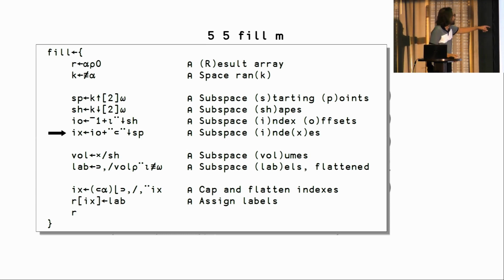And later on, all I really had to do with these indexes was flatten them, and I did some edge case stuff. And then for the right-hand side of that bottom assignment, I computed the volumes of the subspaces, which was just a simple product, and then that told me how many of each label I needed. And that was it. And then I was done.